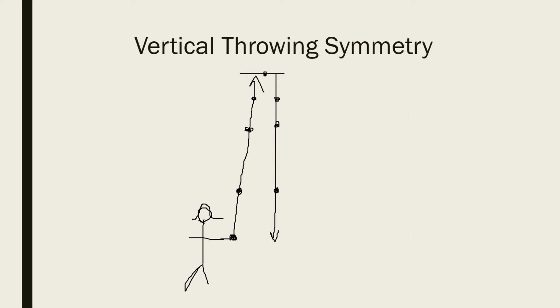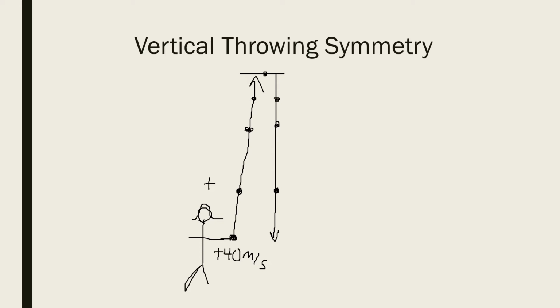understand. Let's just say you threw something up plus 40 meters per second. And gravity, rounded to the nearest whole number, would be negative 10.